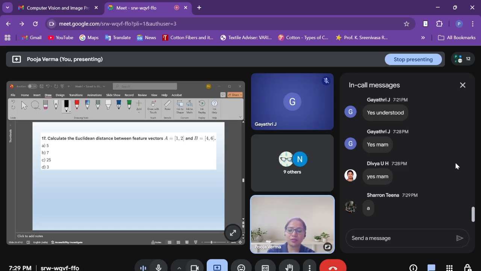So to calculate the Euclidean distance between two vectors, if the two points are given as (x1, y1) and (x2, y2), the formula will be root of (x2 minus x1) whole square plus (y2 minus y1) whole square, right? Yeah, A is correct.